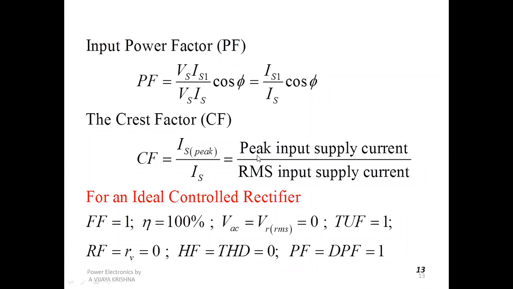And with respect to the resistive load, the load current starts from the 0th position only. So what about the input power factor? The power factor is unity for a resistive load. There is no problem at all.